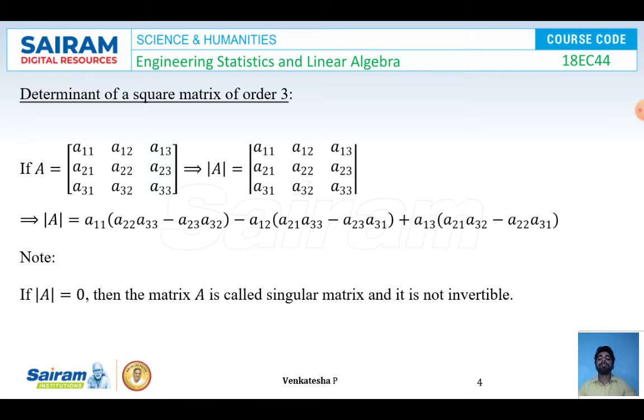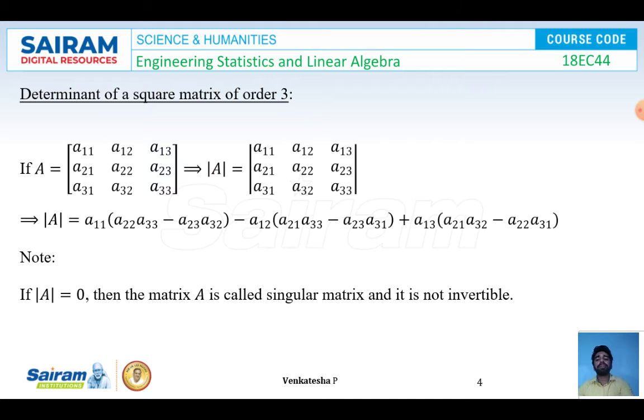In the third case, I am taking a square matrix of order 3, a matrix having 3 rows and 3 columns. So if A is equal to A11, A12, A13, A21, A22, A23, A31, A32, A33, for this 3 cross 3 matrix, I am going to apply the determinant on both sides.